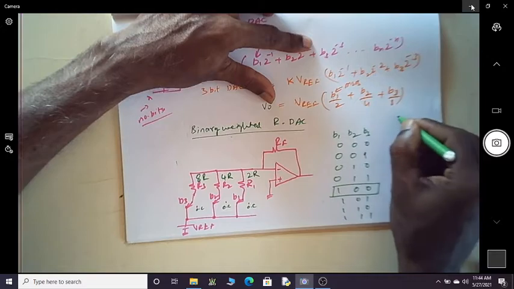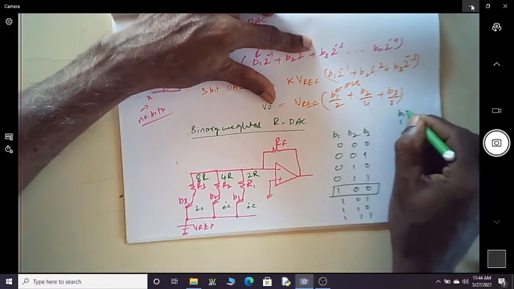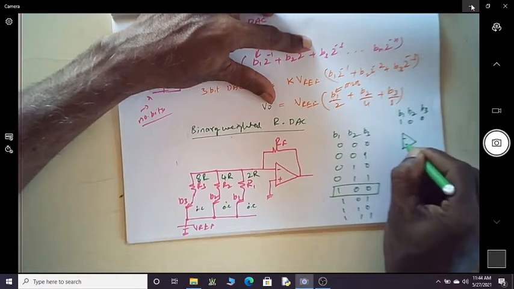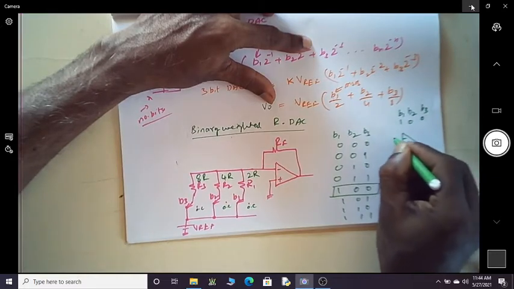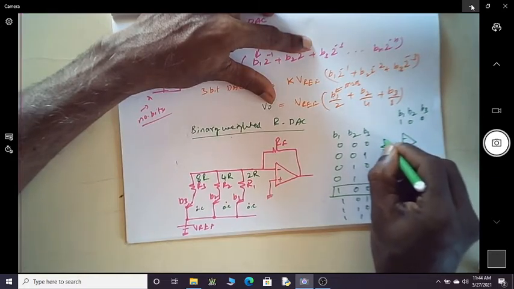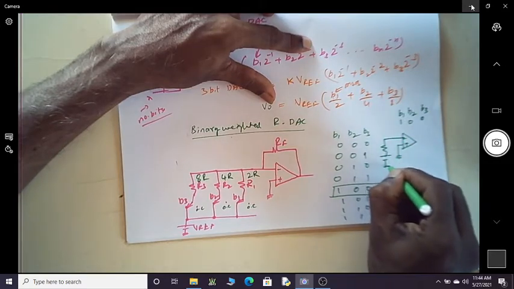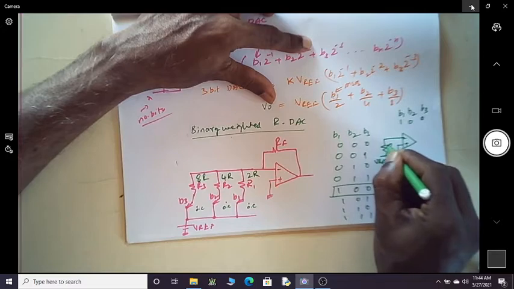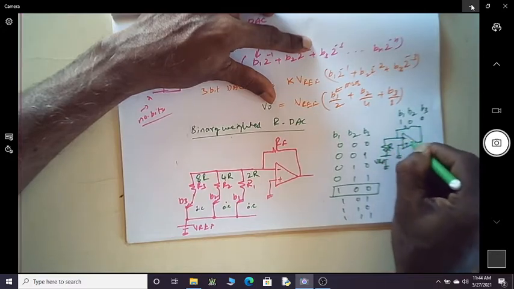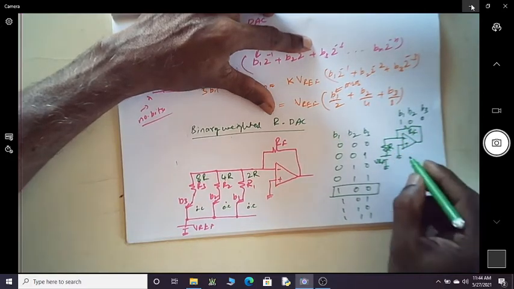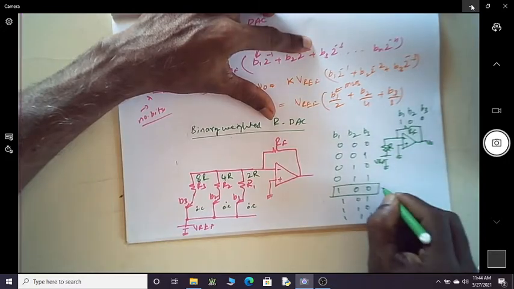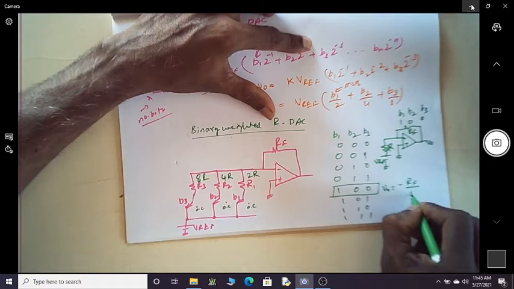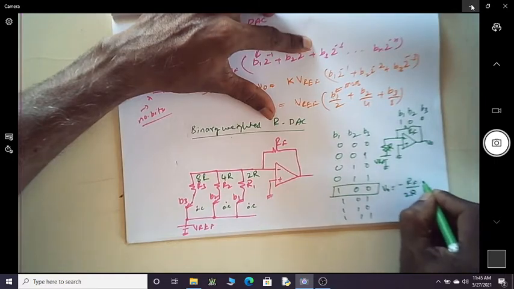I can write the equivalent circuit for B1 equal to 1, B2 equal to 0, B3 equal to 0 as follows. This is my V reference, this is 2R, and this is my RF. So the expression for the output voltage V0 is equal to minus RF by 2R times V reference.